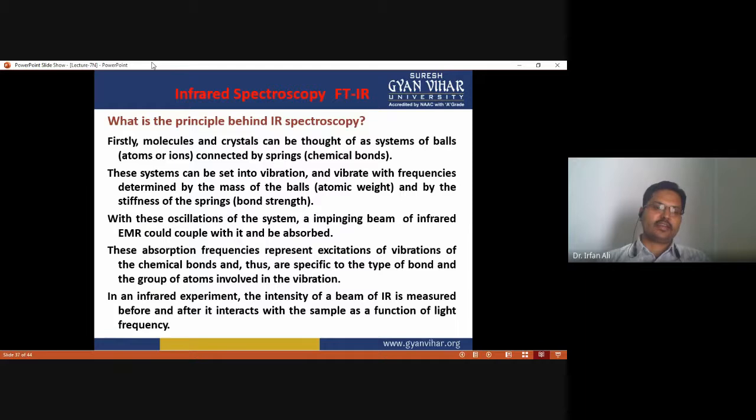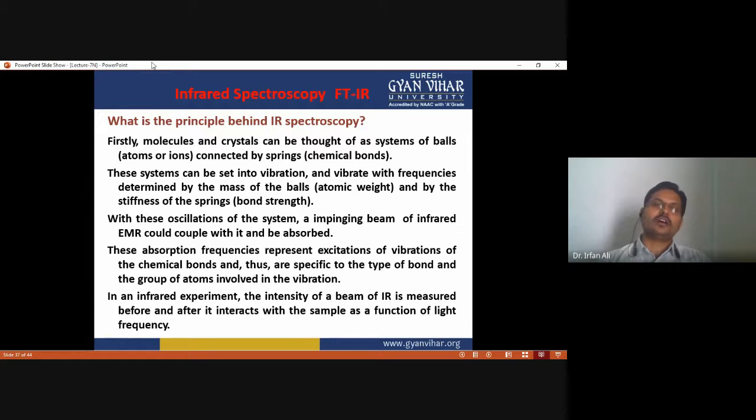And next is infrared spectroscopy. Firstly, molecules and crystals can be thought of as a system of bonds, atoms or ions connected by springs. These systems can be set into vibration and vibrate with a frequency determined by the mass of the atoms, that is atomic weight, and by the stiffness of the spring, that is bond strength.